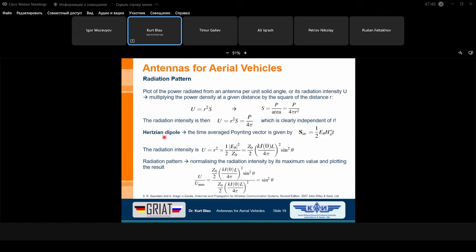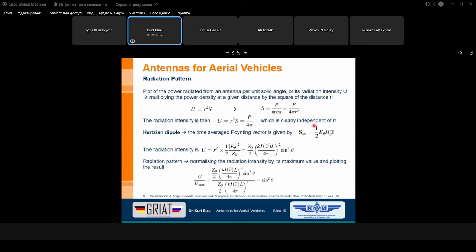Now let's look at the Hertzian dipole. We want to know the radiation pattern of the Hertzian dipole, and then we look at the time average Poynting vector. The Poynting vector is the real energy going out from the origin, from our antenna, from the feed point to a certain point in free space.